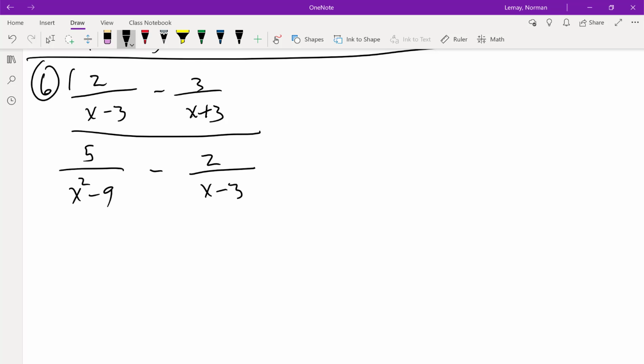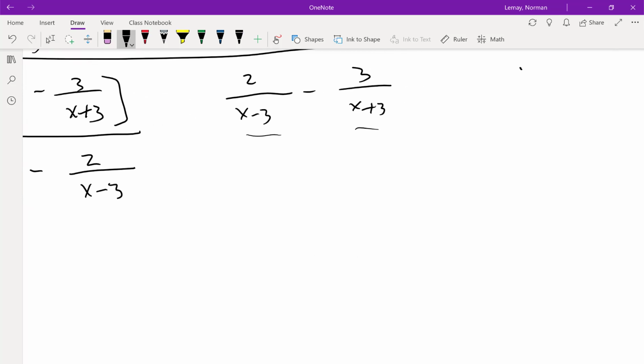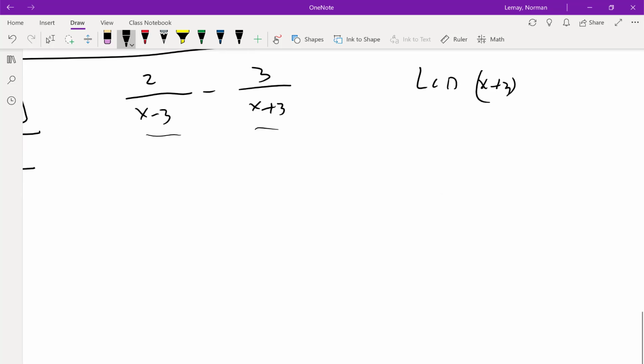All right, so here I'd like to take a look at our numerator fraction. So let's see, we get 2 over x minus 3 minus 3 over x plus 3. And I'm kind of hoping that we can take a look, x minus 3, x plus 3. And can we agree here that the LCD is x plus 3, x minus 3.